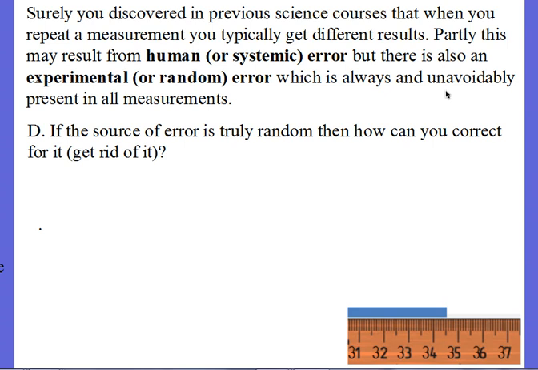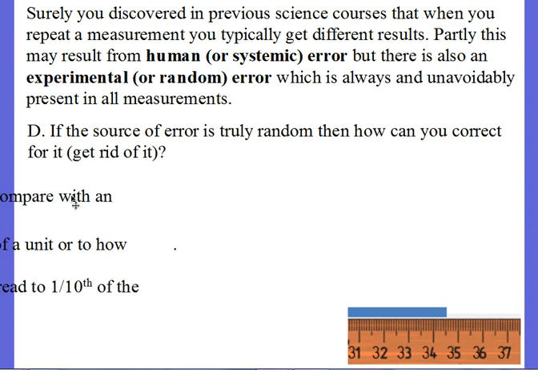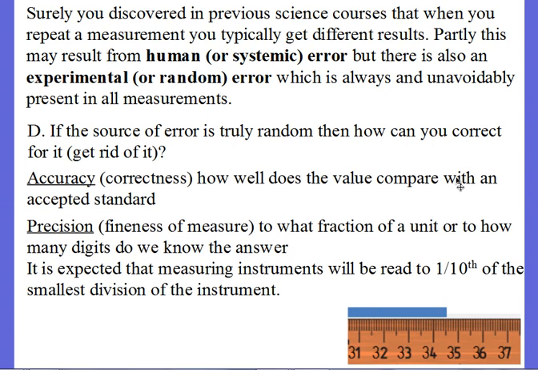So, that being the case, how do you avoid it? How do you get rid of experimental error and make it go away? I want to know your answer. You may be clueless, in which case you want to listen carefully when I go over this in class. But you need to write something. If you leave it blank, I will take off points.